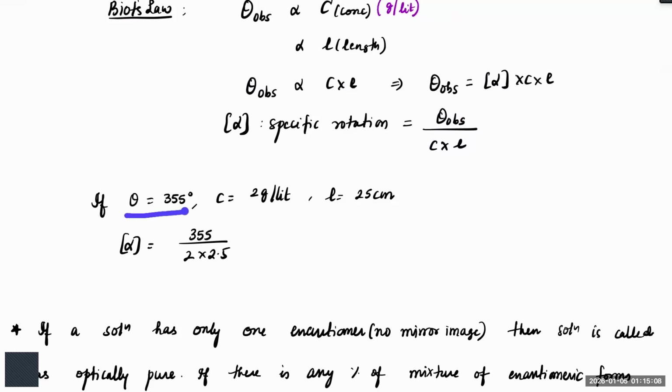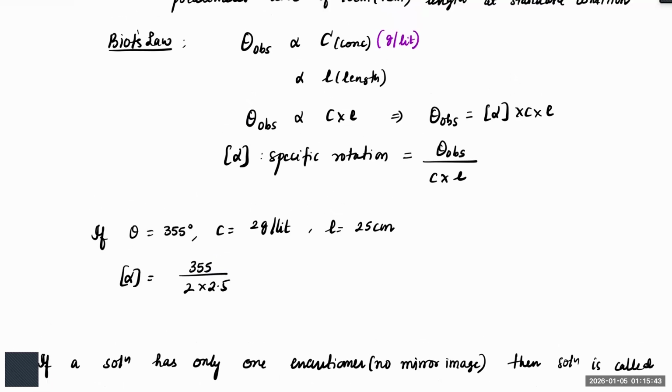So if theta is 355 degrees and concentration is 2 gram per liter, length of the tube is 25 centimeters, then the alpha value, that is specific rotation, will be 355 by 2 into 2.5 because I need to express the length always in decimeter. Okay, that's how we'll get the specific rotation.